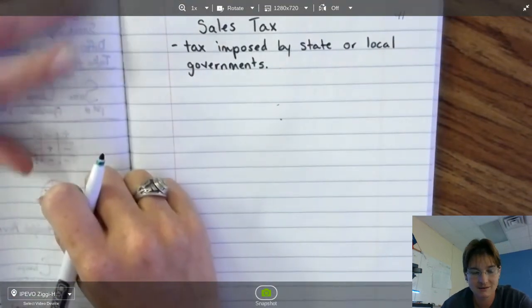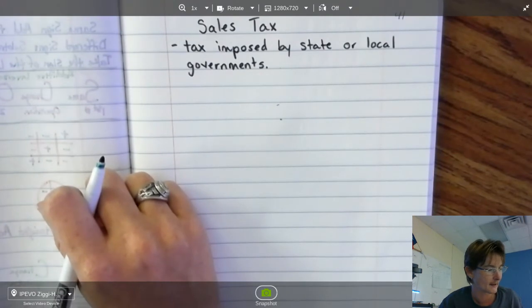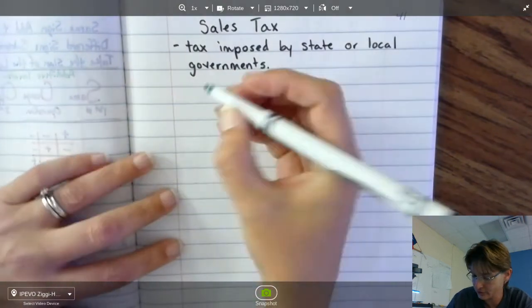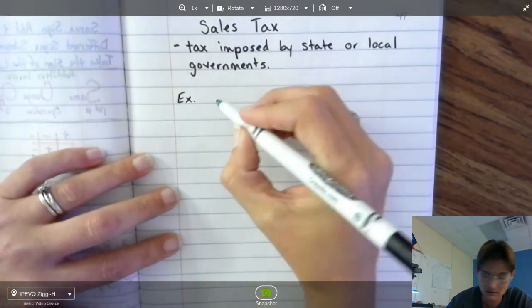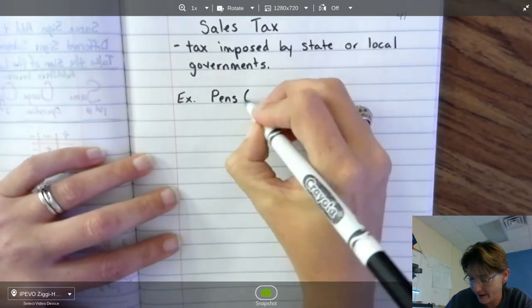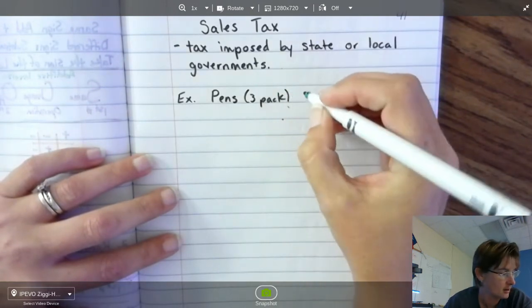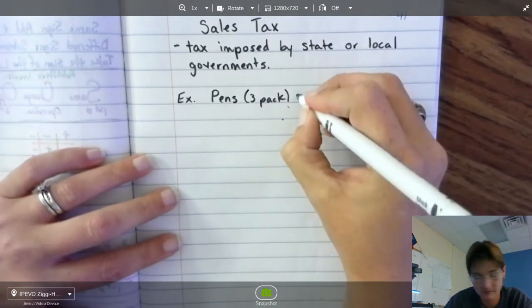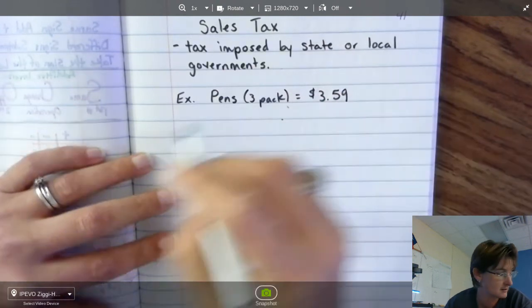For instance, let's take an example. Let's say you go to the store and buy pens, a 3-pack, and it costs $3.59.